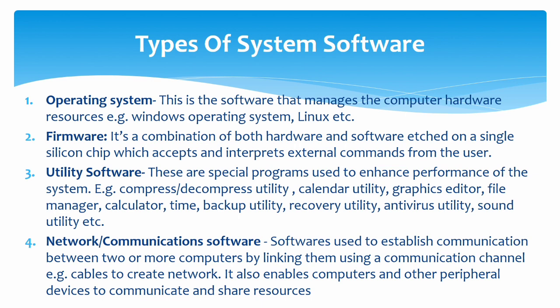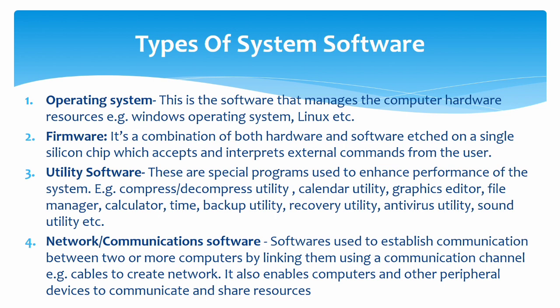So the system software now has also types. So the most common is the operating system, which we shall be looking at later on in this topic. So the operating system is one of the system software. Another one is firmware. The third one is utility software. The fourth one is a network and communication software.